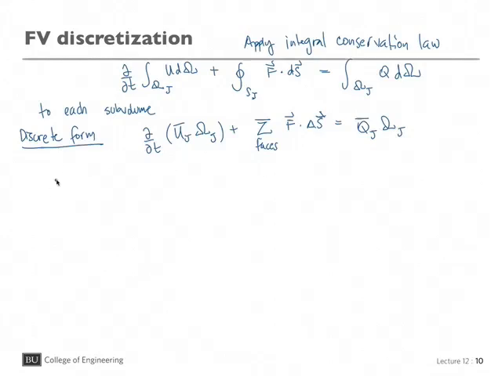So this is with u bar j and q bar j representing the average values over the cell.